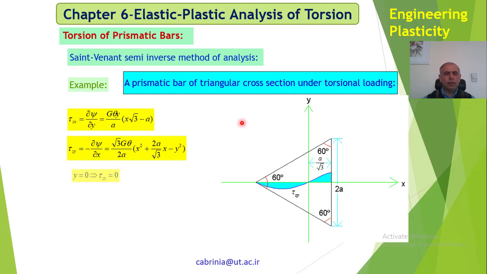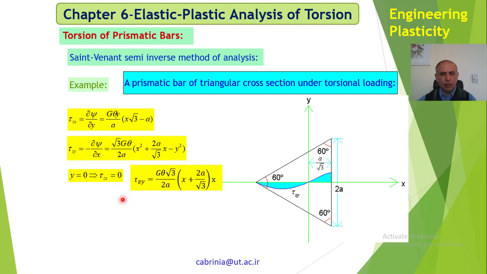If y is equal to 0 in here, then tau zx is equal to 0, because you can see y equal to 0 in here, y equal to 0 in here, that becomes 0. So tau zx is 0 at y equal to 0. Therefore, for the condition that y is equal to 0, we have tau zx equal to 0 at that point, and tau zy, if we put here y equal to 0, x comes out, and we get this.